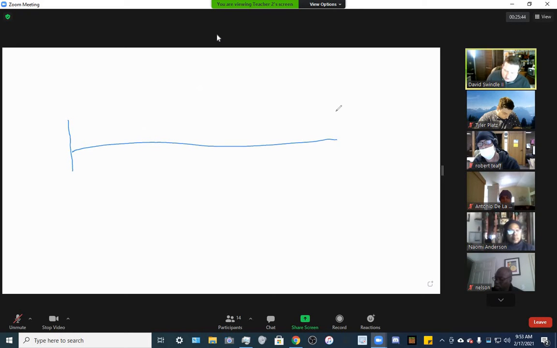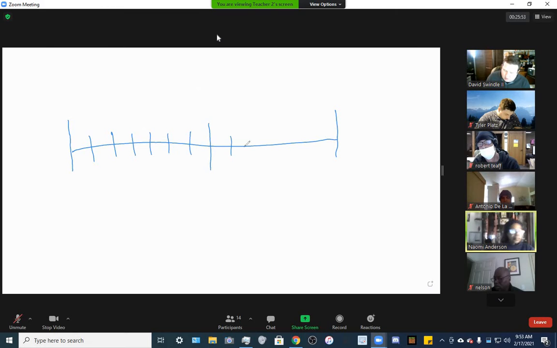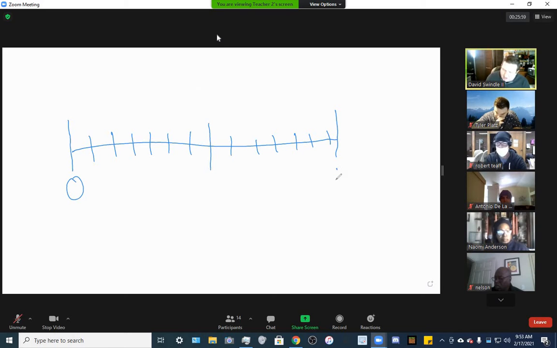So what we use is this scale, and that scale has measurements. Those measurements range from 0 to 14, and forgive my unstraight lines, but we're working with a whiteboard here, right?